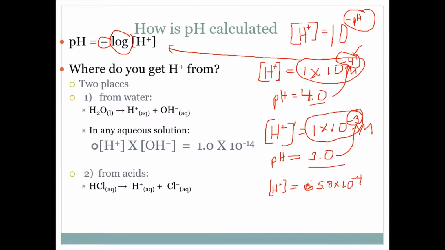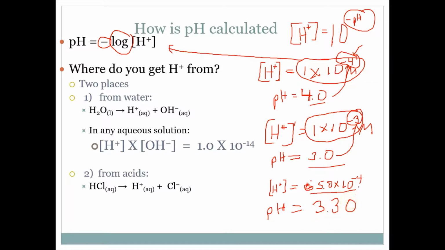Now you would think that it was 3.5, but it isn't, because logarithmic functions are not linear. They're logarithmic, which makes it a little different. But if I take my calculator and plug in the log of 5 times 10 to the minus 4, the answer for the logarithm of this is negative 3.30. So since my pH is the negative of that, I get a pH of positive 3.30.